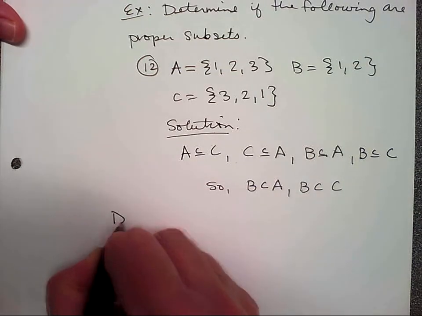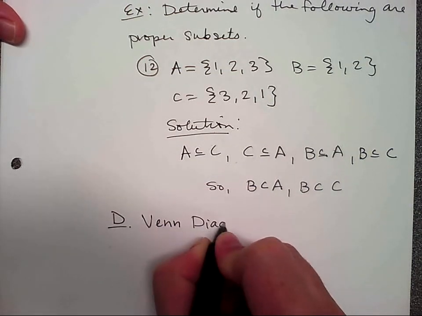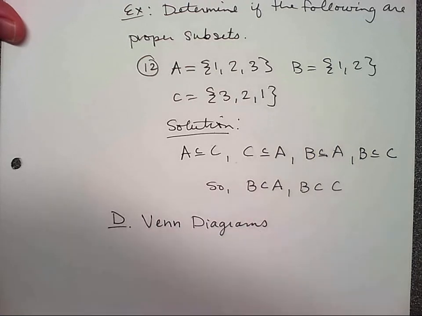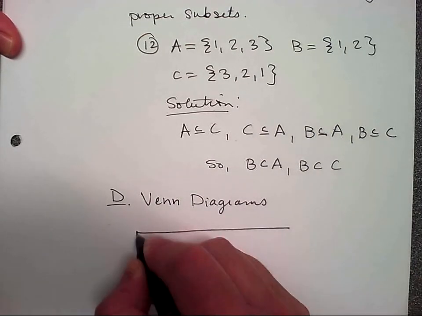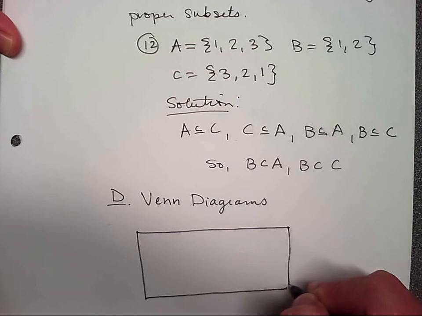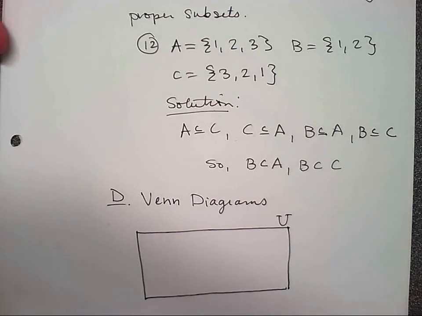All right, let's do another topic. Venn diagrams. So Venn diagrams, it's usually for talking about sets, we usually represent the universal set as U. What's the universal set again? So the universal set is all elements being considered. It's any possible element.